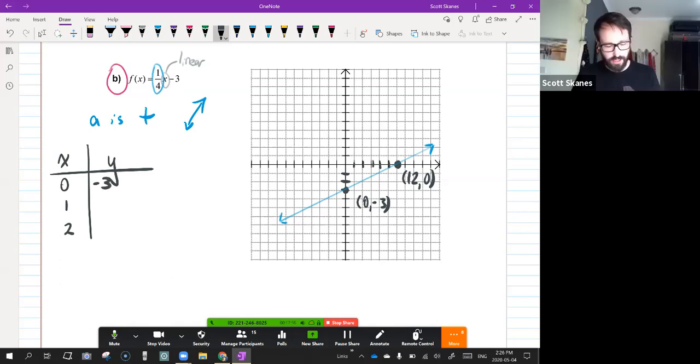Putting in 1, we get 1 over 4 minus 3, which is negative 2.75. And putting in 2, we get negative 2.5. But you'll see that if you do a table of values, you kind of have to know ahead of time what the nicest values are. And that's not always so easy.